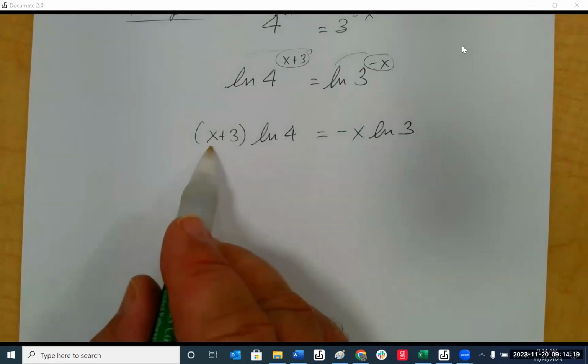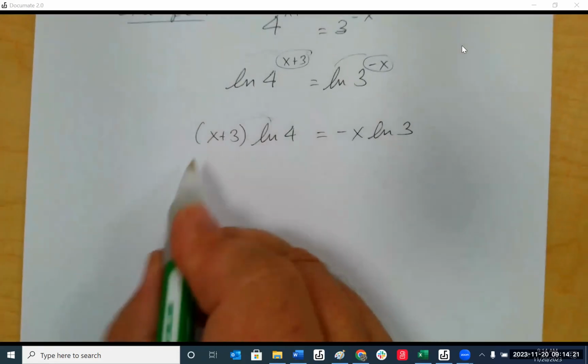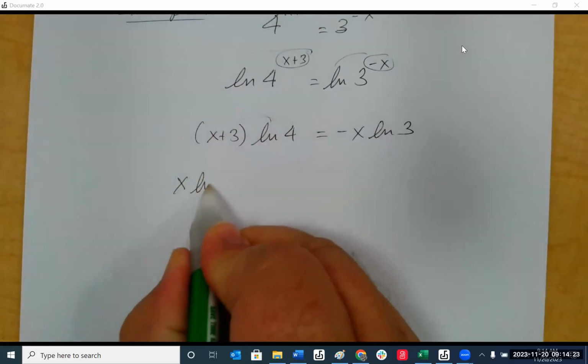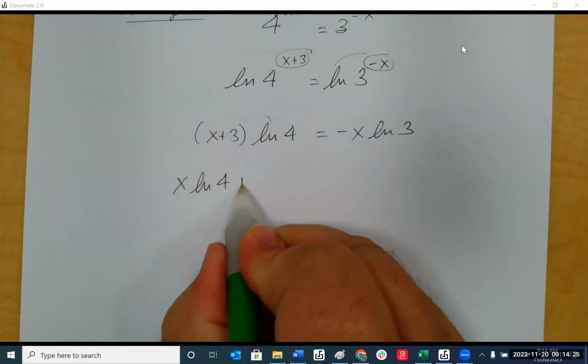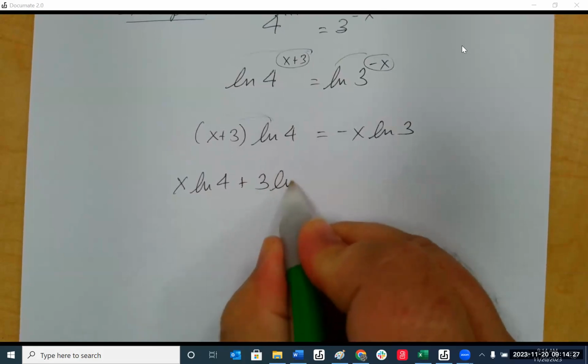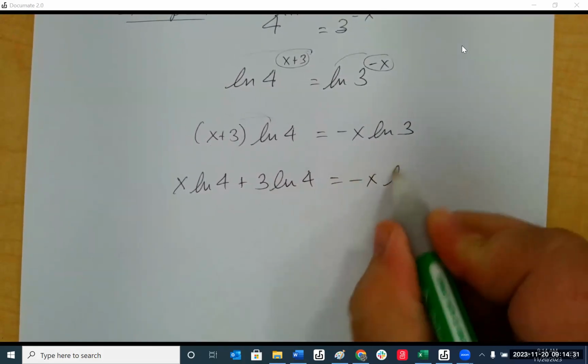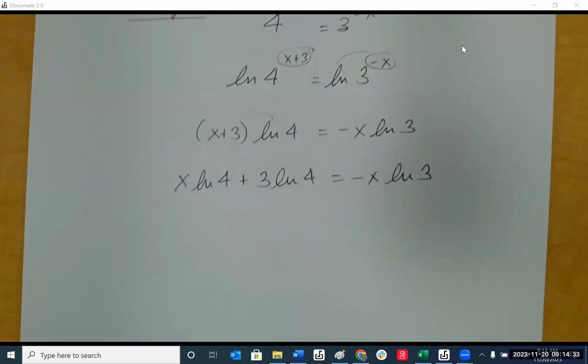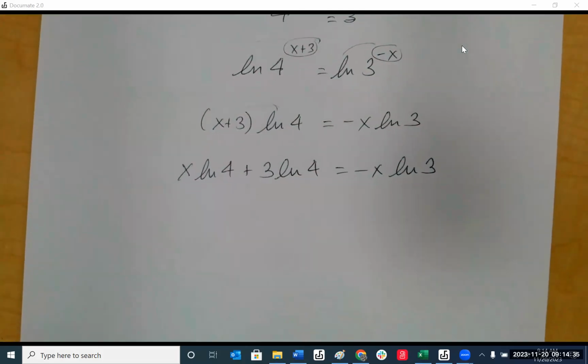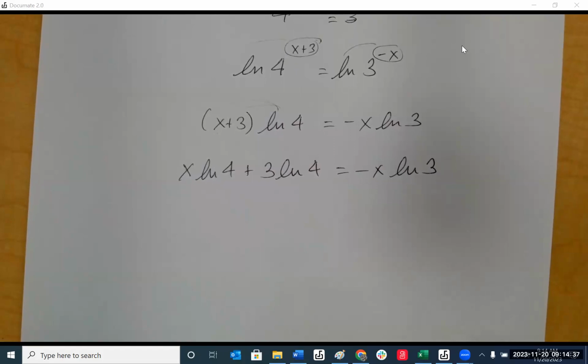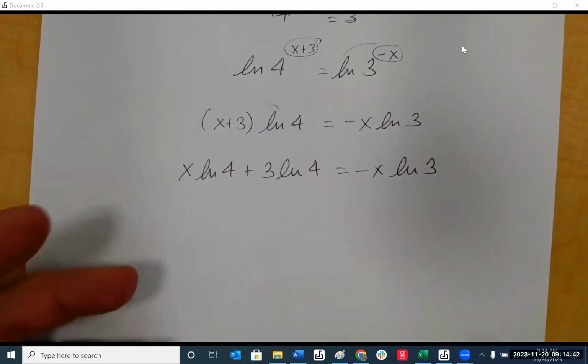We have x inside of parentheses, so we have to distribute. So we have x ln 4 plus 3 ln 4 equals negative x ln 3. Same concept.